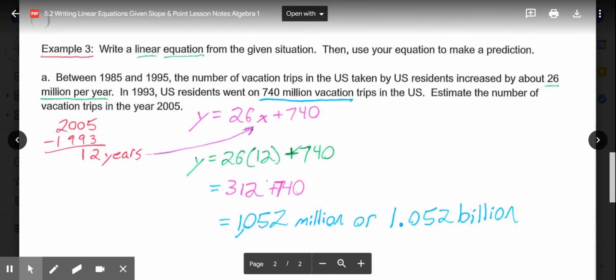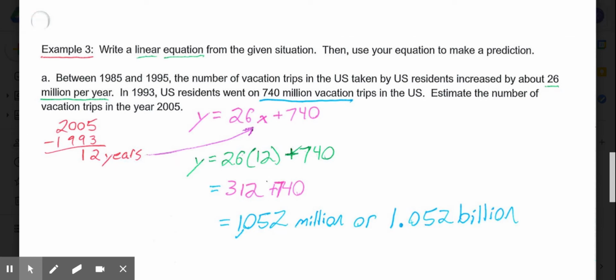And then we get down to our 2 word problems. In the word problems, they ask us to write a linear equation from the given situation, then use the equation to make a prediction. So the first scenario says between 1985 and 1995, the number of vacation trips in the U.S. taken by U.S. residents increased by 26 million per year.